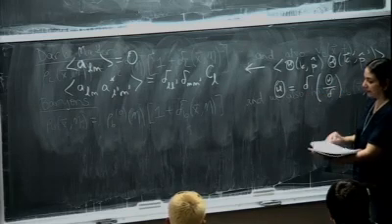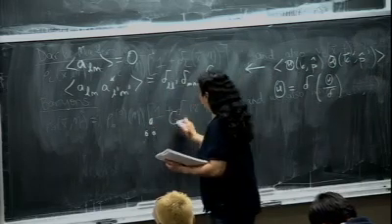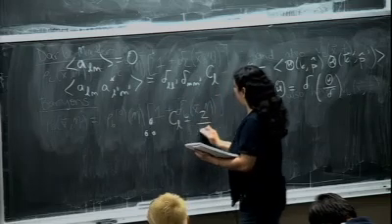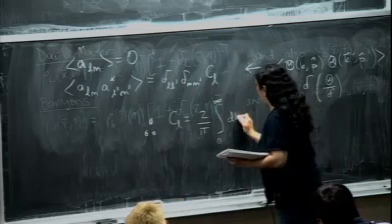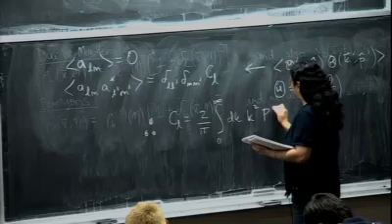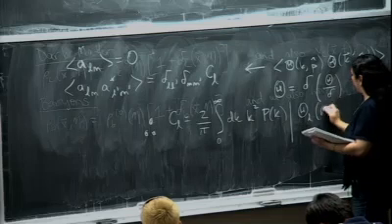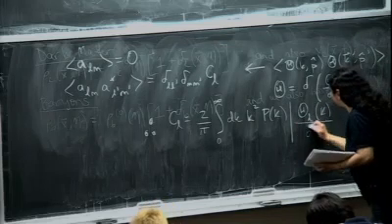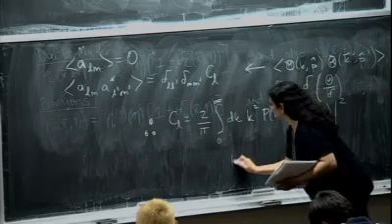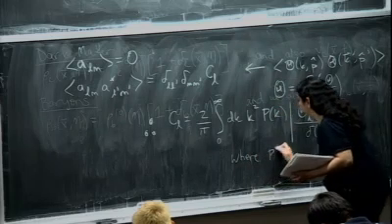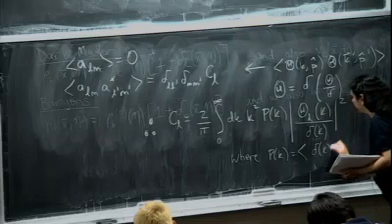So the way we write CL then is CL equals 2 pi, integral from 0 to infinity of dk k squared, P of k, theta L k, where P of k equals the dark matter fluctuation on a scale k.